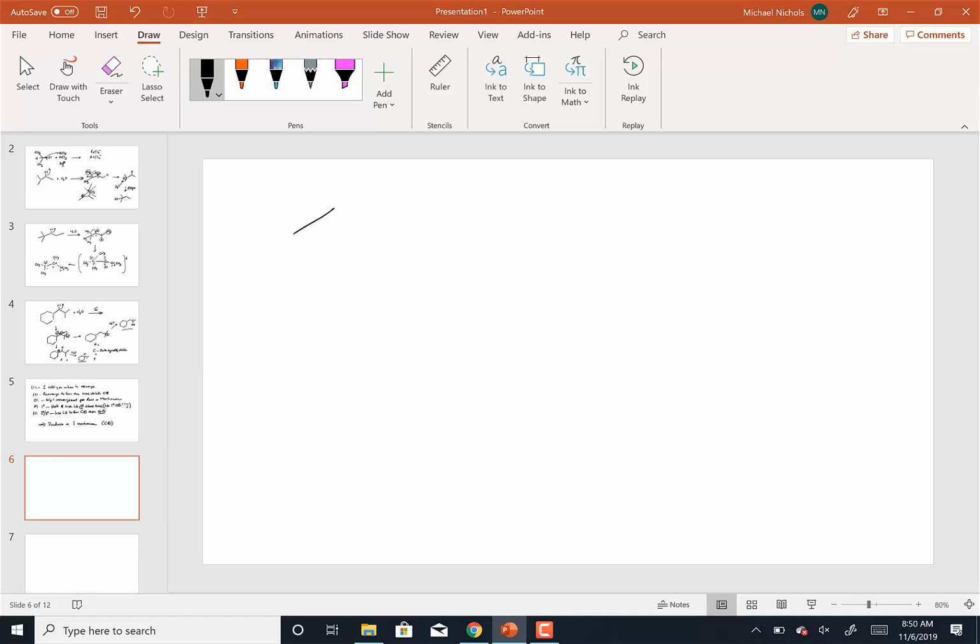No. So here is an example of a reaction that we also have done in lab. We took this and we reacted it with our friend H2SO4 and heat.